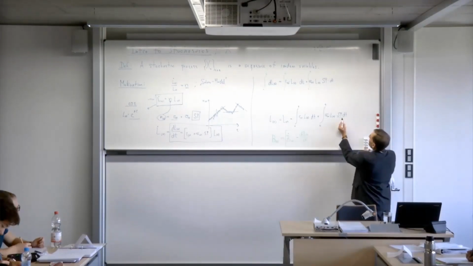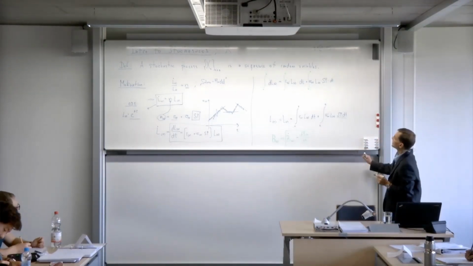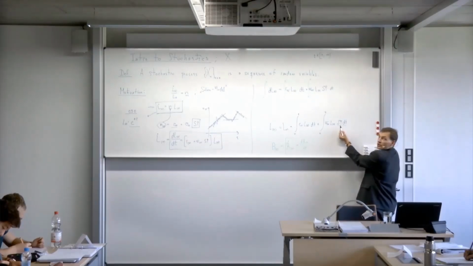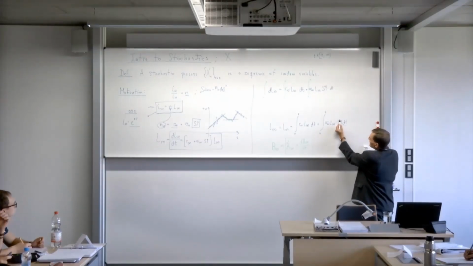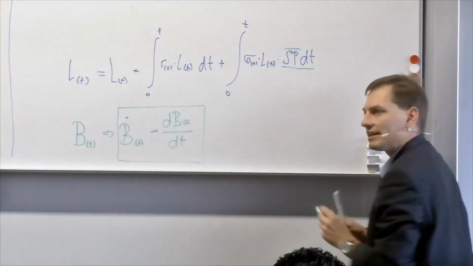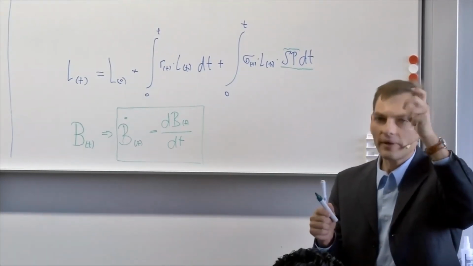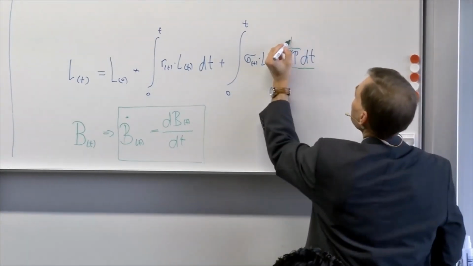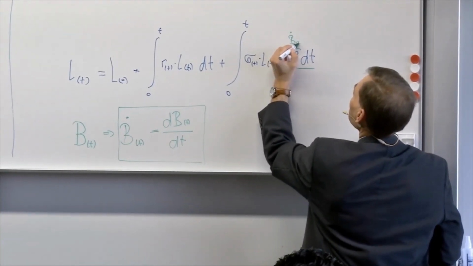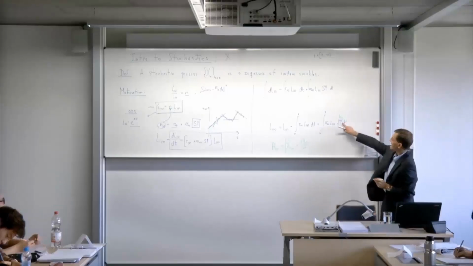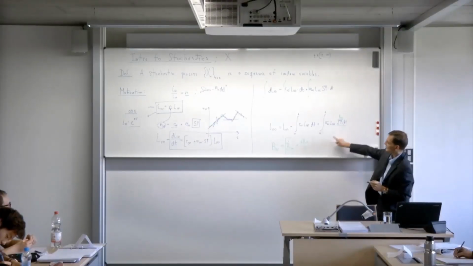And that brings me back to here. So if we look at this term, you can say this is actually the change of my random variable over time. It's bt dot times dt.